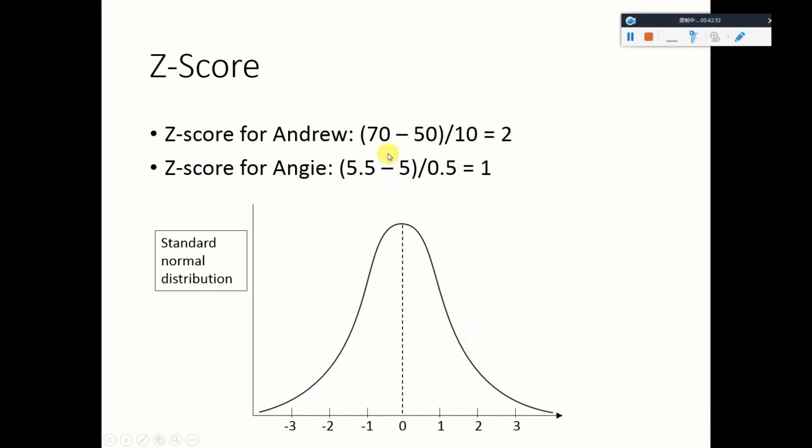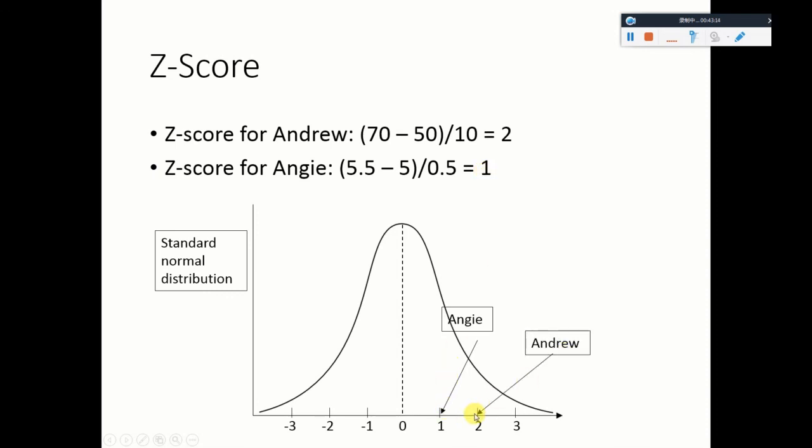So essentially we're saying, let's convert all these raw scores to z-scores so that we know where the z-scores will fall from the mean. So if the z-score for Andrew is 2, Andrew is here, and Angie's score is 1 and it's here.